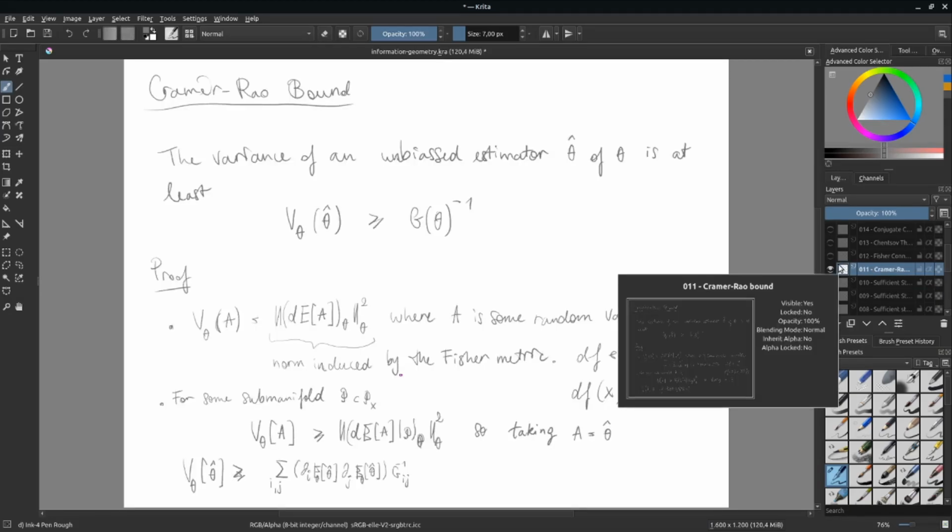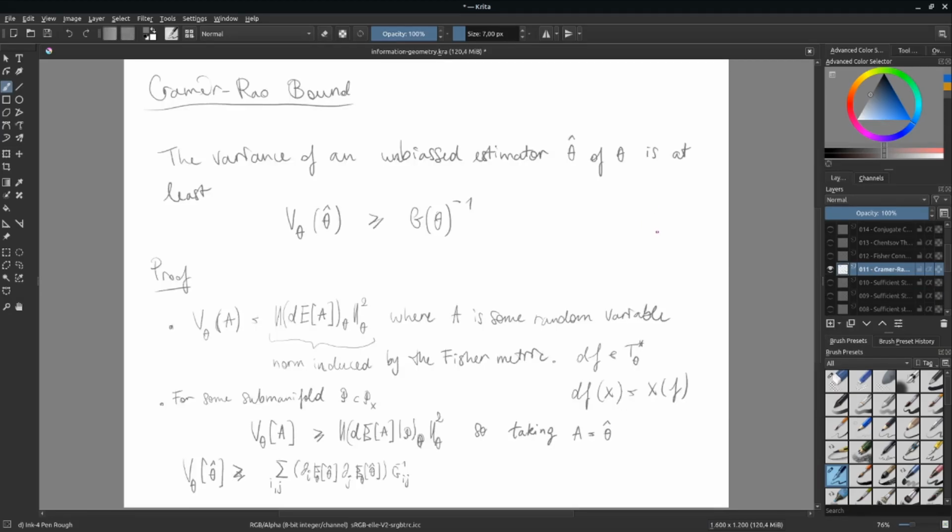Okay, so another important theorem, I won't delve into the proof because it's probably even less intuitive, is the Cramer-Rao bound. It tells us that if you have an unbiased estimator of theta, so theta hat, unbiased just means that the expectation of theta hat is theta, so that's the important assumption, that it's unbiased.